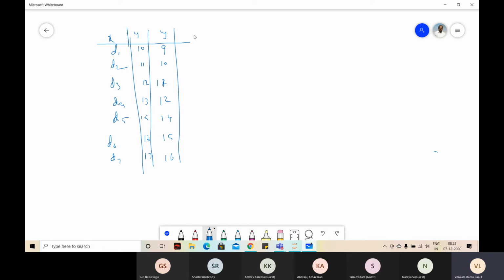Now if you look at the error, Y minus Y cap, the difference is 1, 1, 1, 1, 1. So the error is like that.